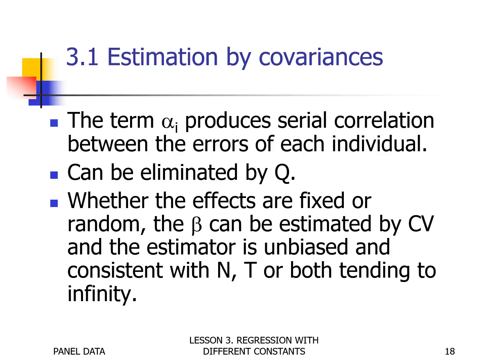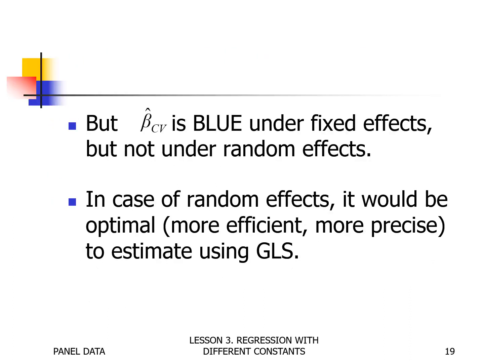That is the first estimator that we checked in this lesson 3. So we can estimate it as we did in the fixed effect model. We can do it, there's no problem, but the main drawback is that now the estimates are not efficient, they are consistent but not efficient.